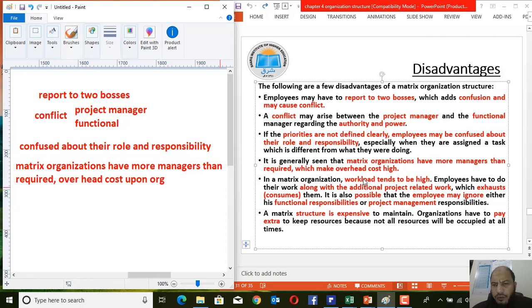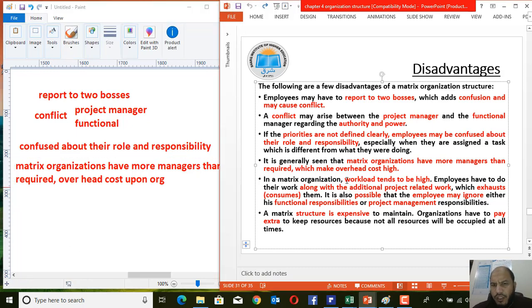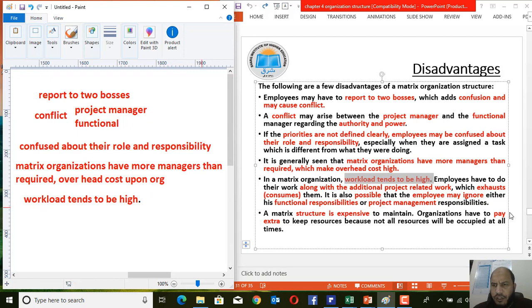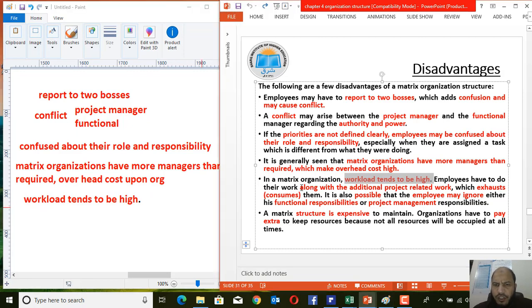Dear students, in a matrix organization the workload is also high upon the employees. Employees have to do their own work along with additional project-related work, and this consumes their energy.